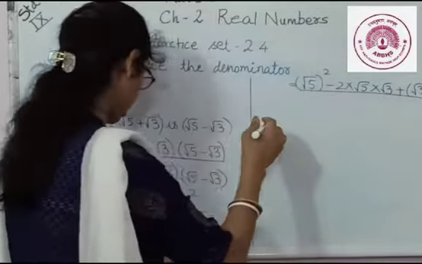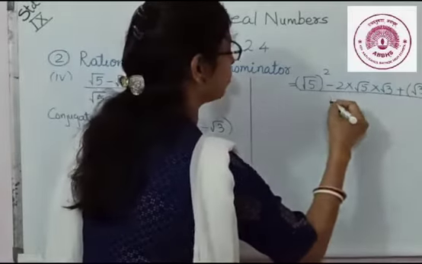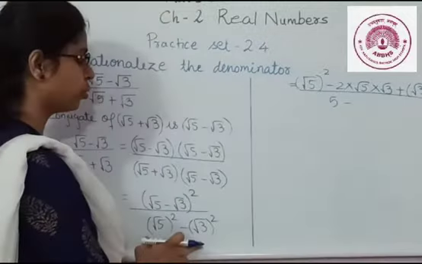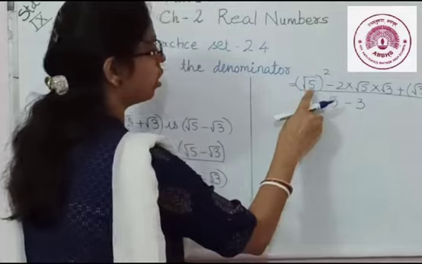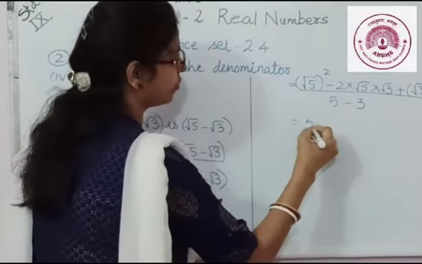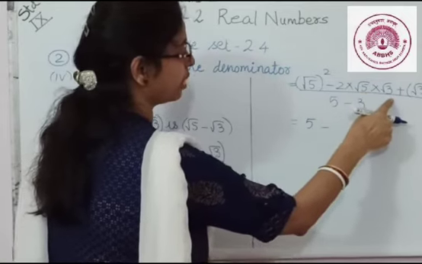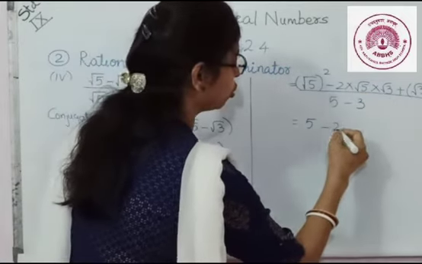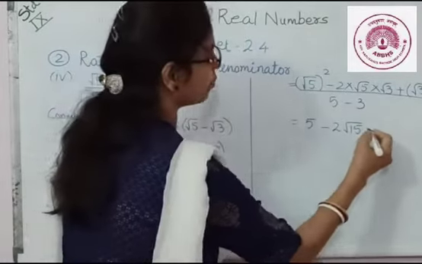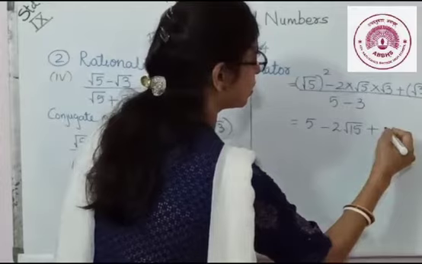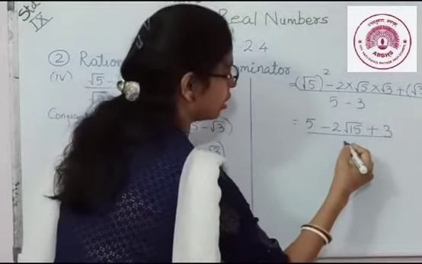Down in denominator we have root 5 square, that is 5, minus root 3 square, which is 3. Now this is equal to root 5 square is 5 minus 2 multiplied by root 5 multiplied by root 3, that is 2 root 15, plus root 3 square is 3 upon 5 minus 3 is 2.